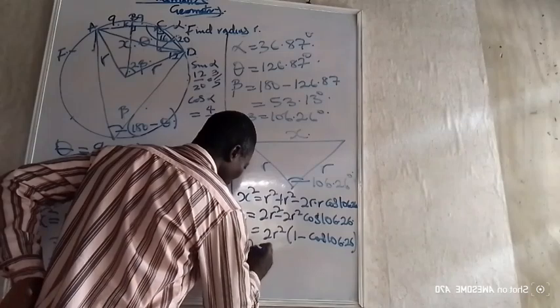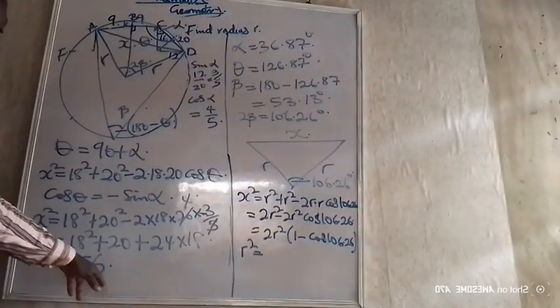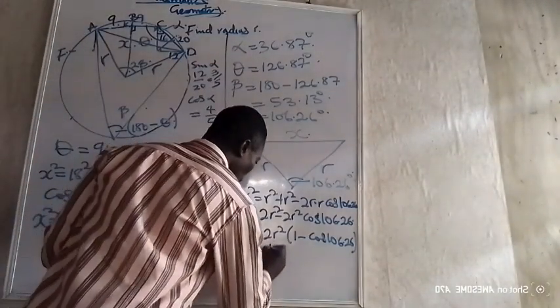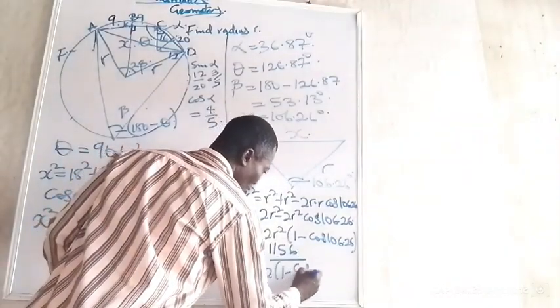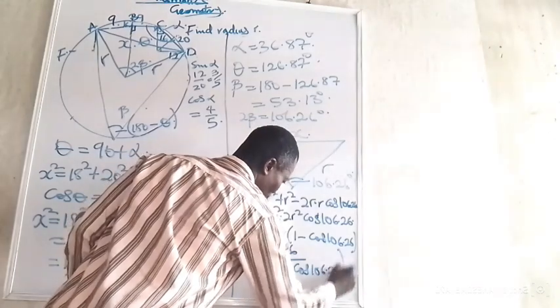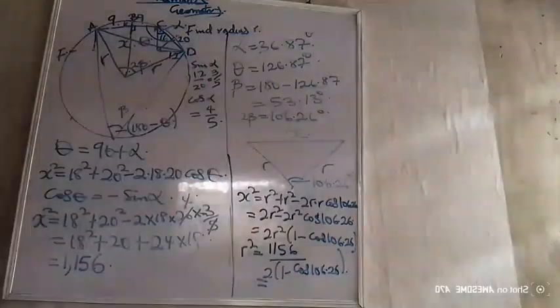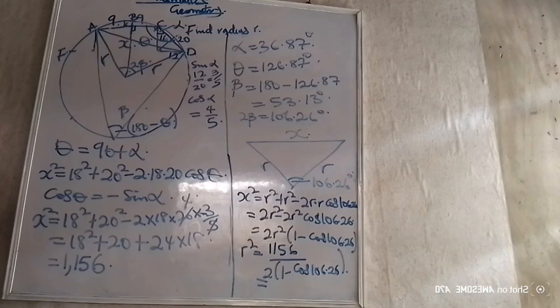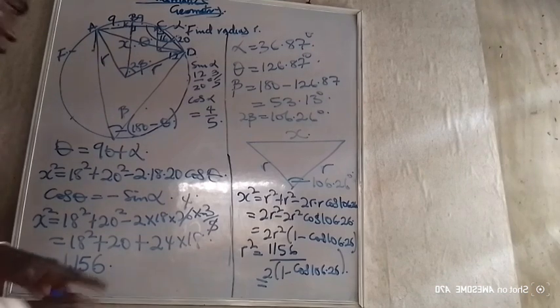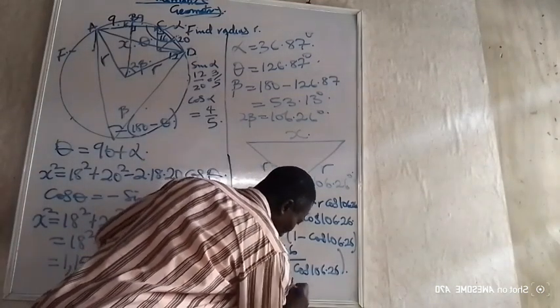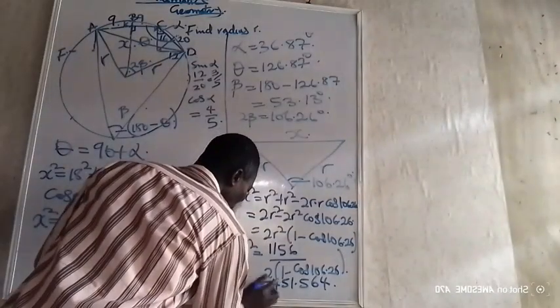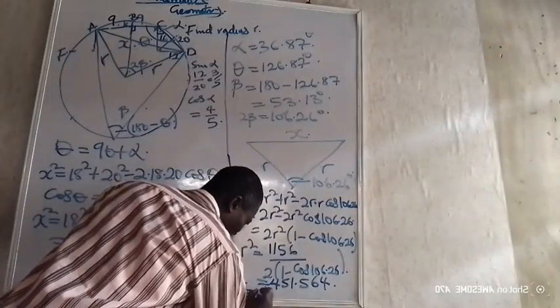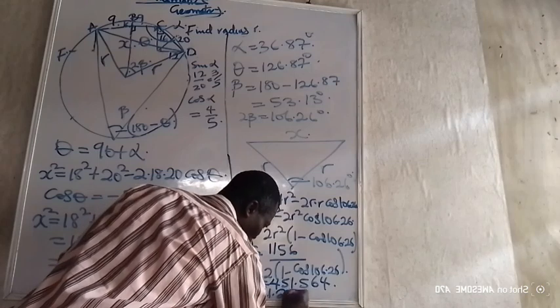Therefore, R squared will be equal to x squared, which we have gotten the other time, 1156, divided by 2 into 1 minus cos 106.26. And that gives us 451.564. So from here, you calculate R to be equal to 21.25 units.